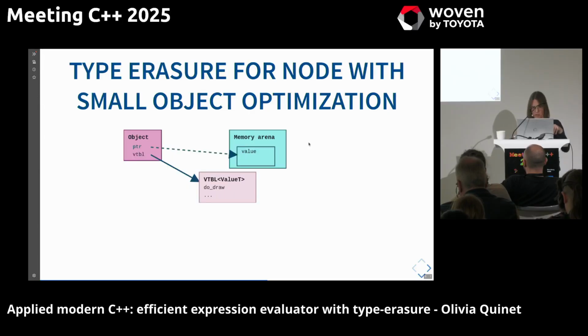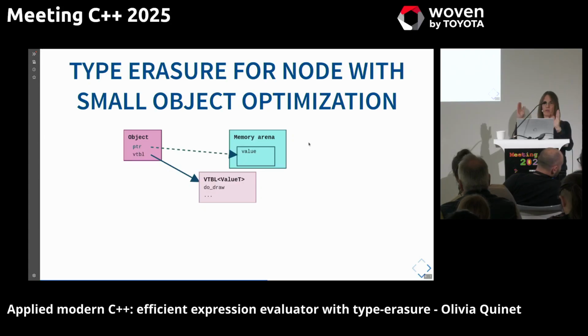For our case, for the expression evaluator, for everything that cannot be stored inside the pimple directly, we still use the pimple as a pointer, but we use a memory arena that will handle all the values. This was also a nice trick in our case, because we can put all the values together in the same memory object, so they will be aligned next to each other.